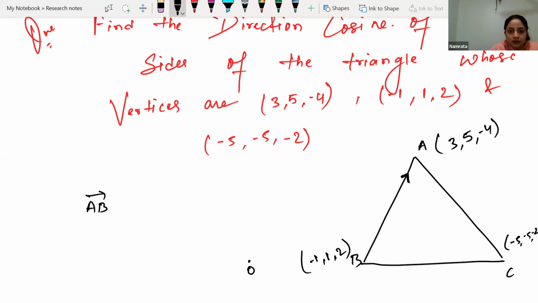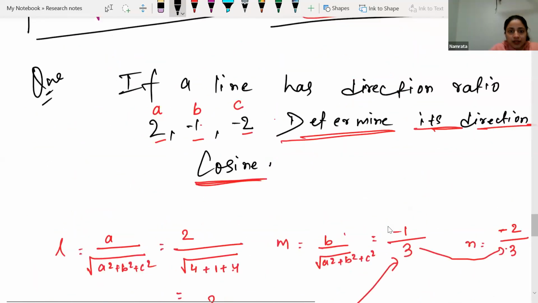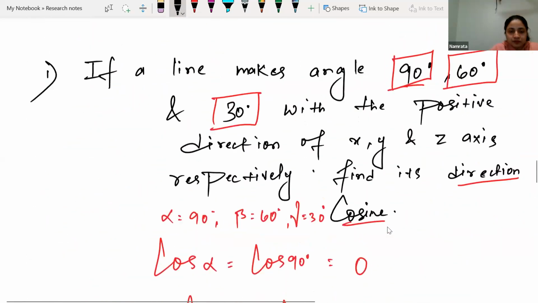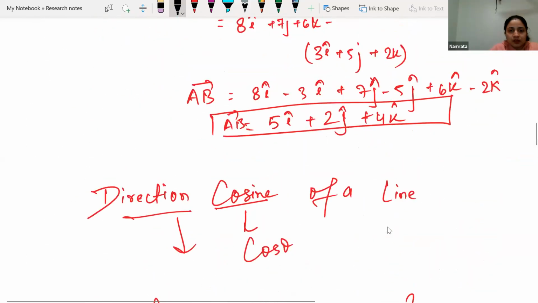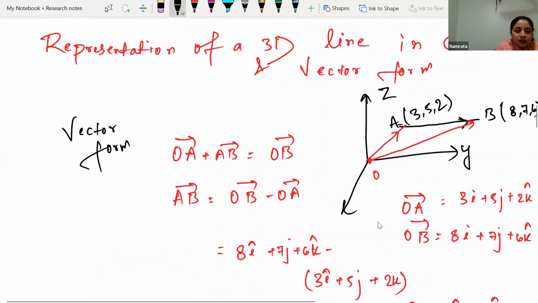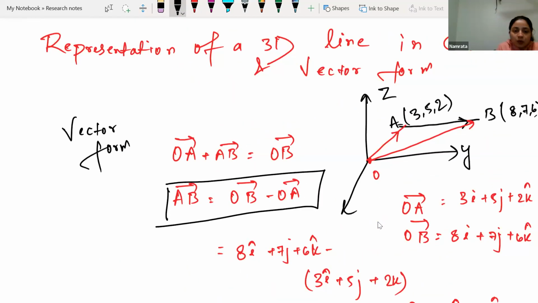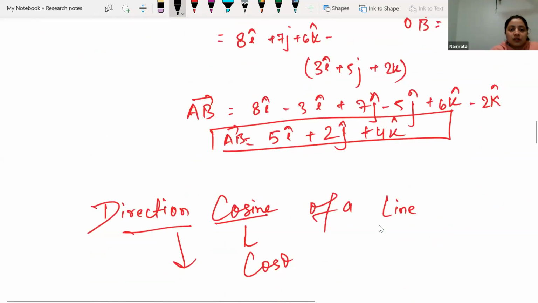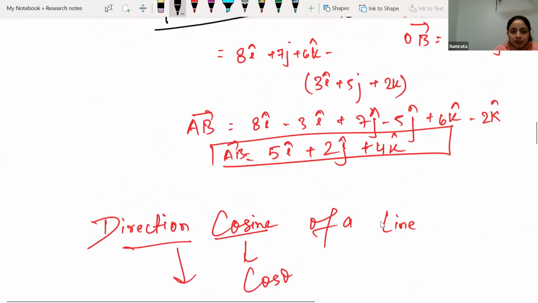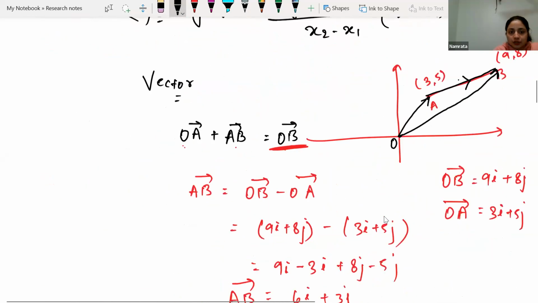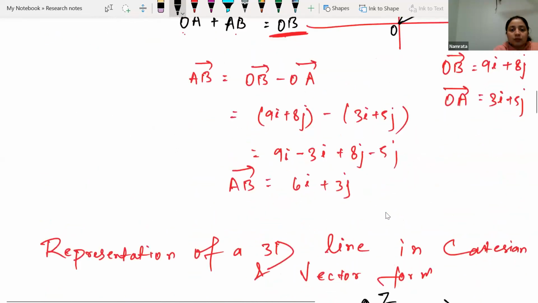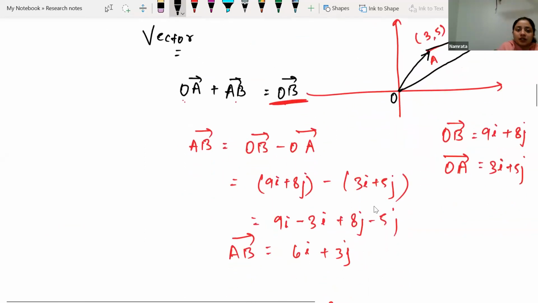Let's just recall, we have just written in vector form. See, AB we have got as OB minus OA by the vector law of addition. In vector form, for 2D geometry and 3D, for both, we have AB as OB minus OA.